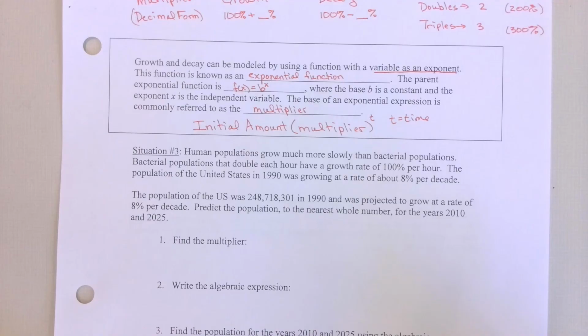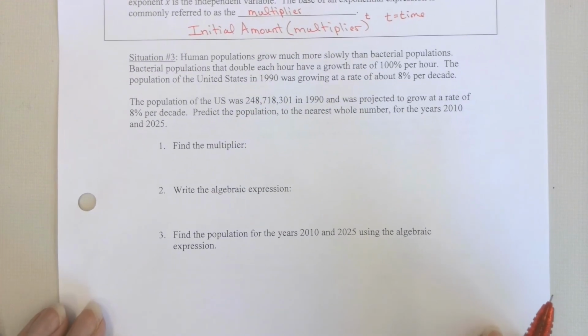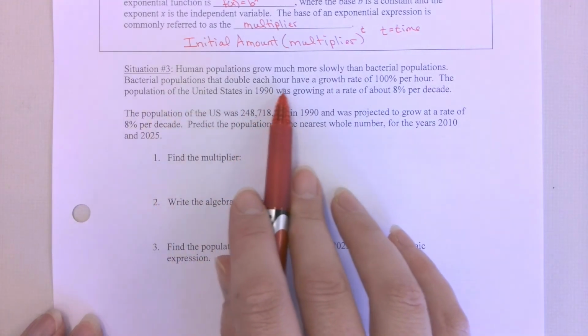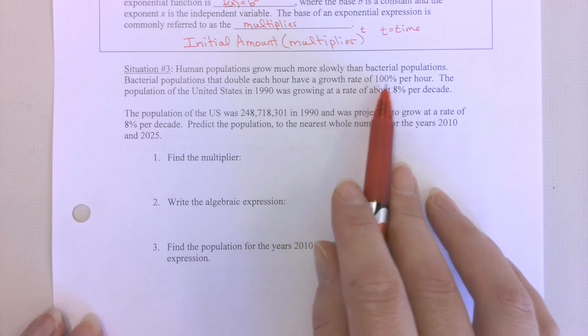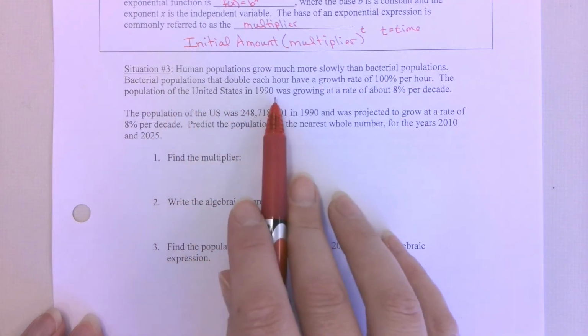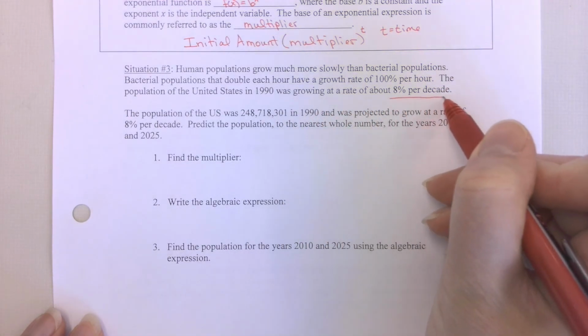So here's another situation for you. Human populations grow at a much slower rate than bacteria. Bacteria that double every hour have a growth rate of 100% per hour. So we have 100 plus 100, 200%, it doubles. The population of the United States in 1990 was growing at a rate of 8% per decade.